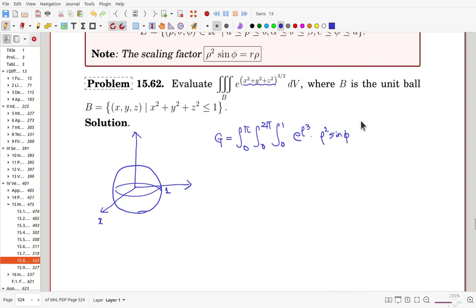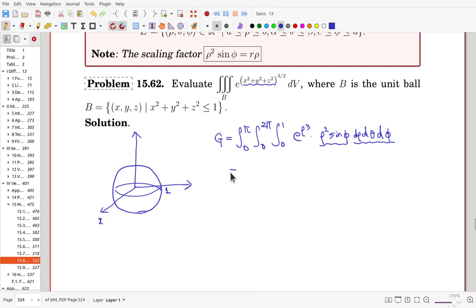The integration order is rho, then theta, then phi, right? That is the scaling factor, and this is the order of integration. This is separable, that is a box, so you can get the solution by integrating each part separately.